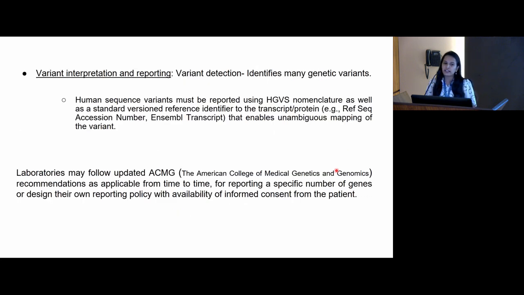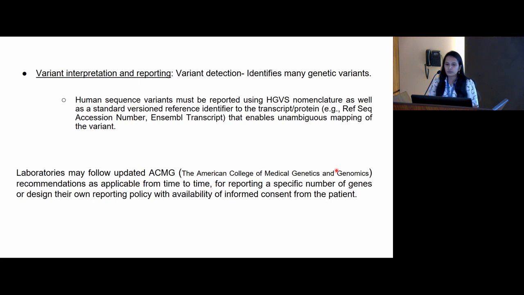Coming to the next important point, variant interpretation and reporting. Variant detection should be done to identify many genetic variants. There are several computational tools that predict the functional consequences of variants. After determining the likely impact of a variant, it must be correlated with the patient's data.